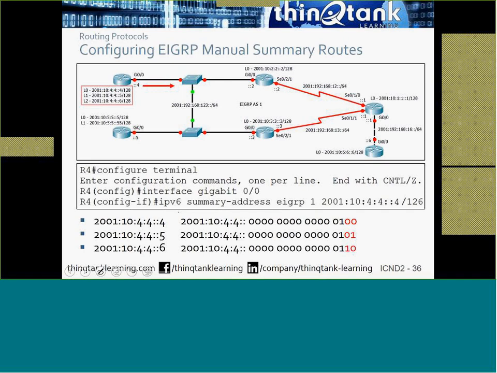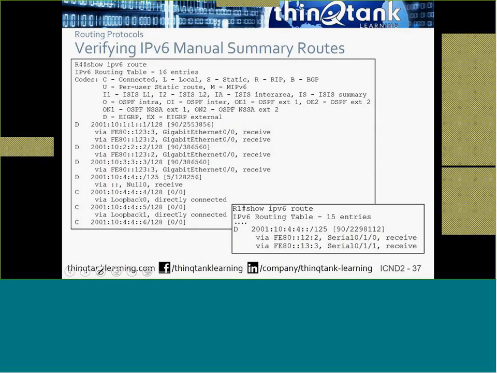You guys should feel pretty comfortable with figuring out summary calculations. Okay? All right. And then we verify it the same way. Instead of receiving the individual routes, we receive the summary route. Although I don't know why it's a /125 there.